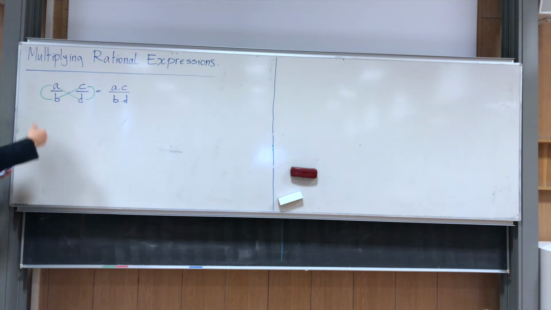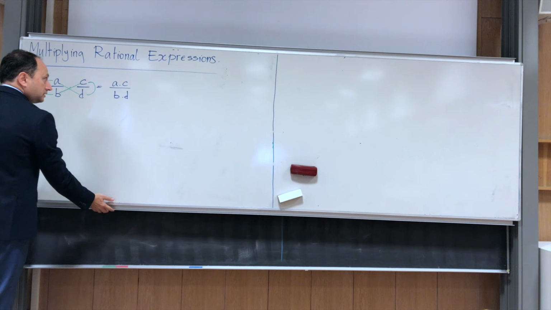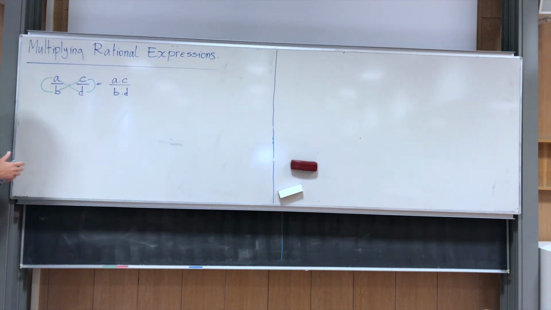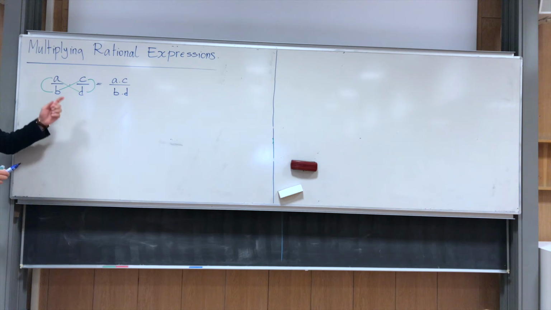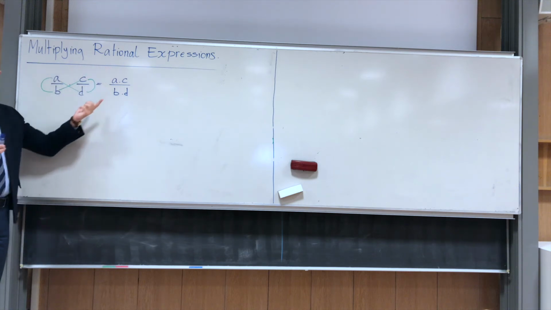Okay, so that is the point of this one, and that's exactly the same thing when you're dealing with rational expressions. The only difference is that if you have numbers, it is easy to do the simplification because you really don't need to factorize them. You are familiar with the numbers, but with rational expressions, we cannot do that.